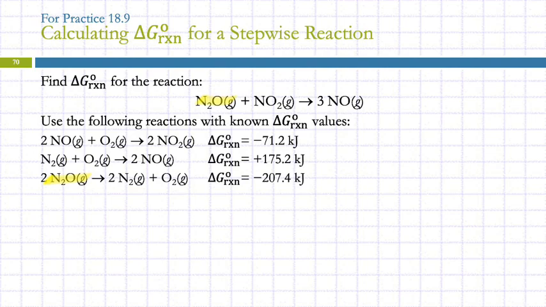And we've got NO2, and NO2 is here and nowhere else. And then we've got NO. Yeah, it's just a thing I do to amuse myself. And that shows up in two different places.